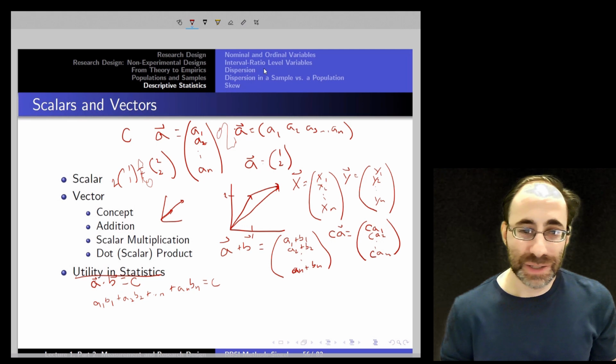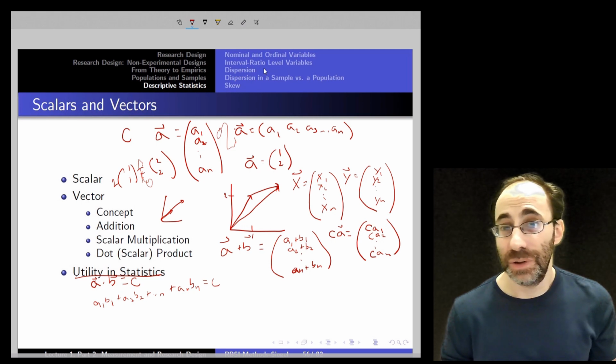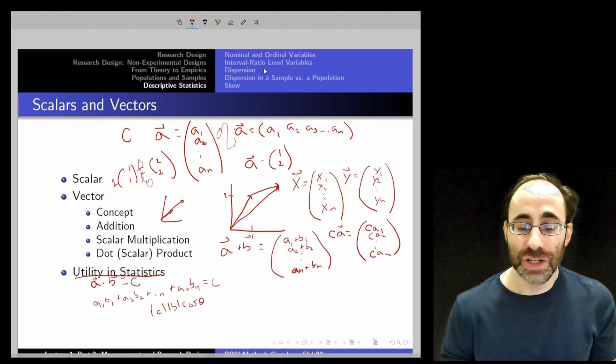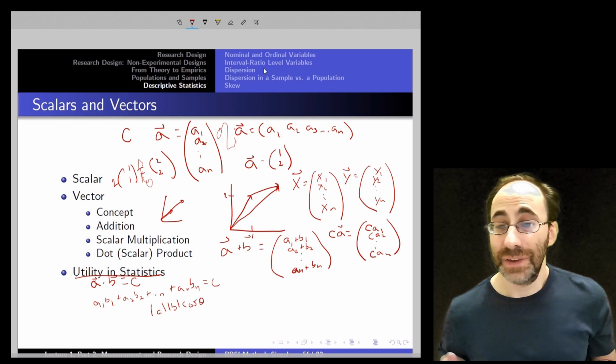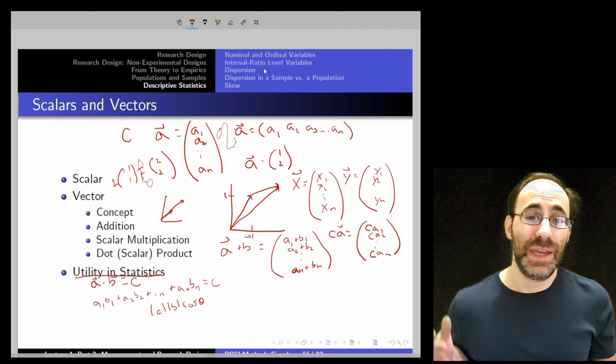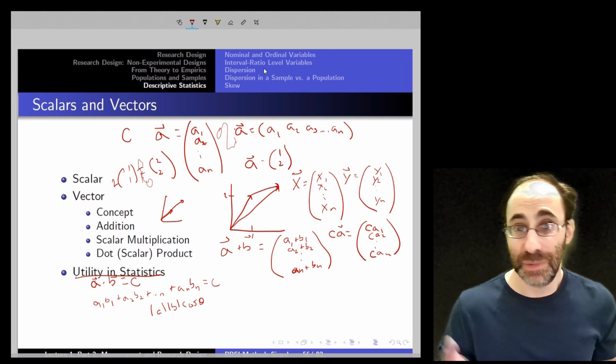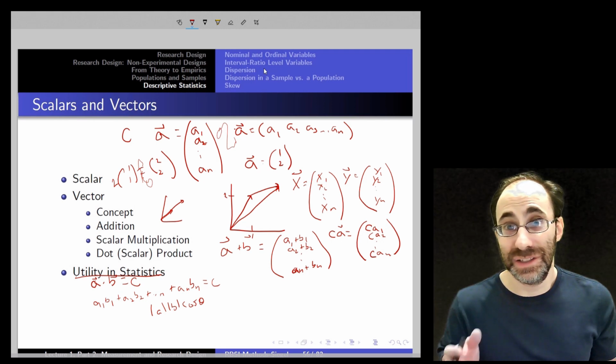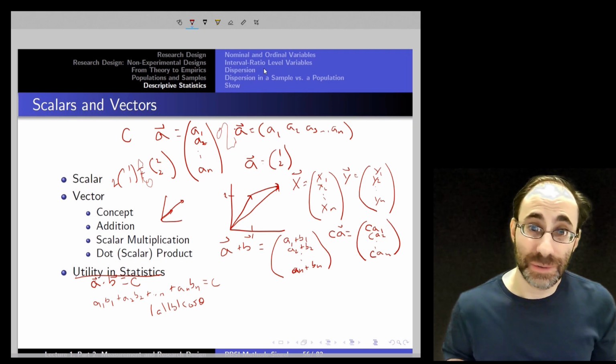That's useful because the dot product tells us the angle between two vectors. Because another way of running a dot product, at least in the two dimensions here, is that the dot product is the length of A times the length of B times the cosine of the angle between them. So if the angle is 90 degrees, you get a cosine of 0, if you remember your trig. And that says the two vectors are perpendicular to each other.